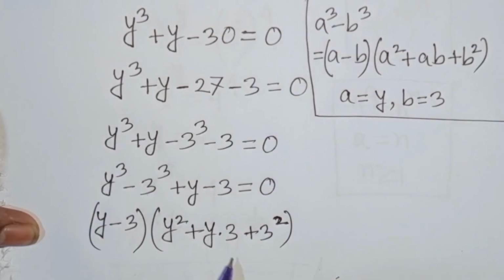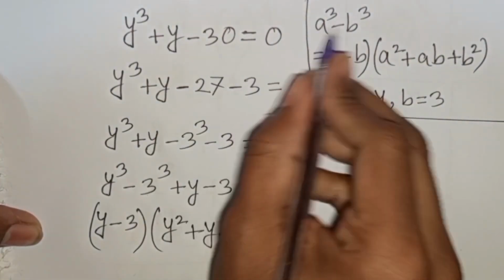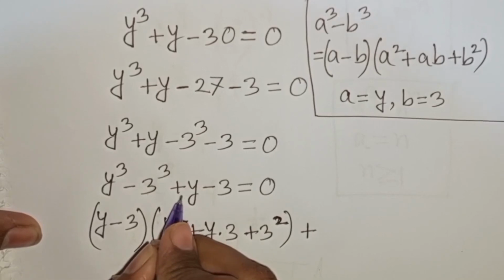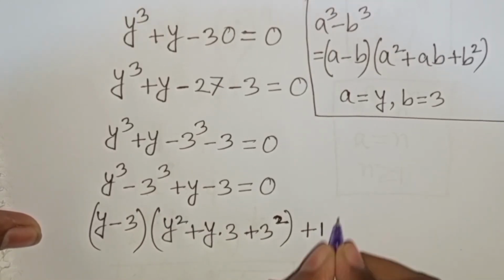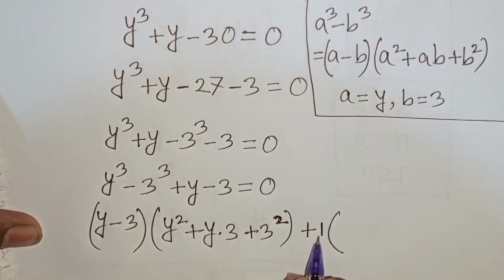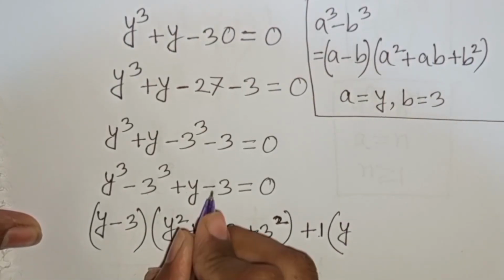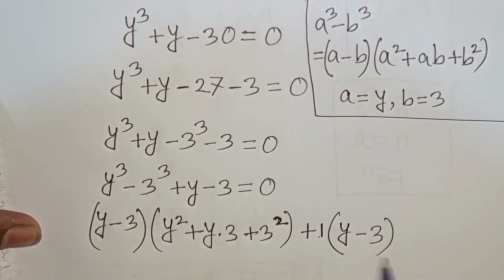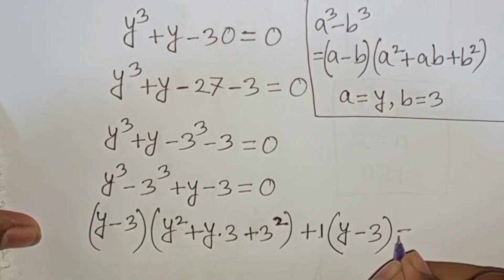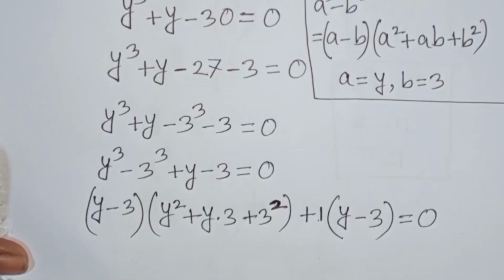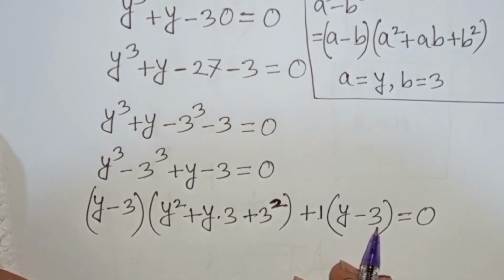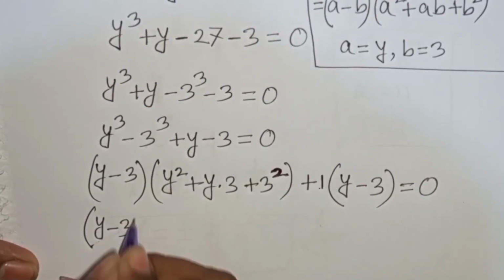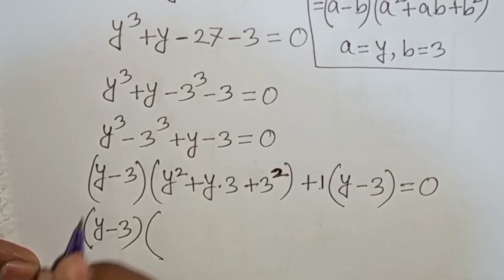That means this is the formula of a^3 minus b^3. Then plus, here we take common, plus 1 is common, so plus 1 is out of the bracket. This divided by this, that means it will be y minus 3 divided by plus 1, that means it will be minus 3, then bracket close is equal to 0. Now we see y minus 3 is common, so take common (y minus 3) out of the bracket.